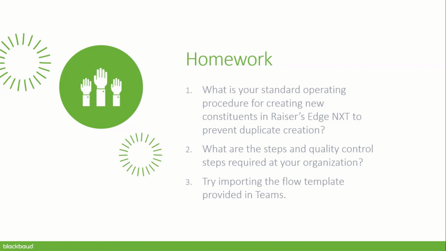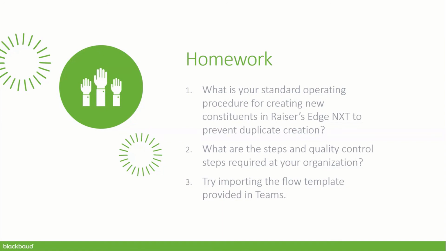So you have to start thinking about all of the little micro steps, even the way that human cognition works behind the scenes, and teach that business logic to the robot. So homework. Next week, we're going to be talking about that data capture through a form, and then how you would evaluate whether that constituent already resides in Razor's Edge NXT.